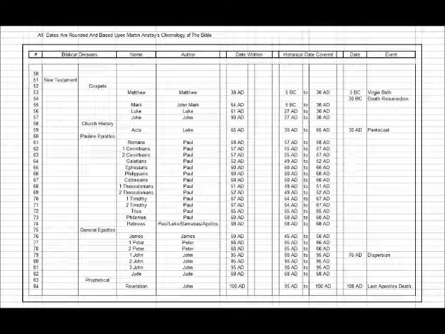Now let me just remind you very quickly, if you would like more information on the authors of each of these books, I have a blog lesson entitled Becoming Familiar with the Bible, part number 2, that talks about the different authors of the books of the Bible and gives you much more detail as far as what they did for a living and other information about them.